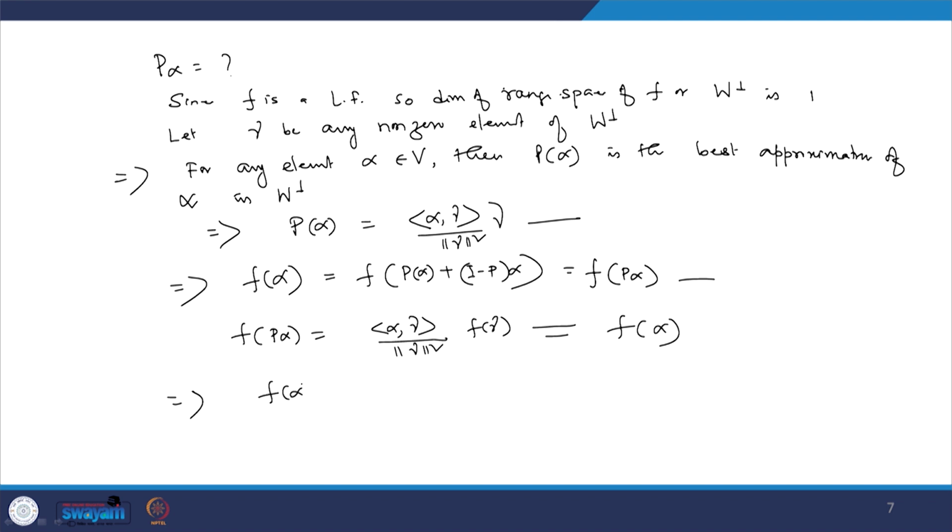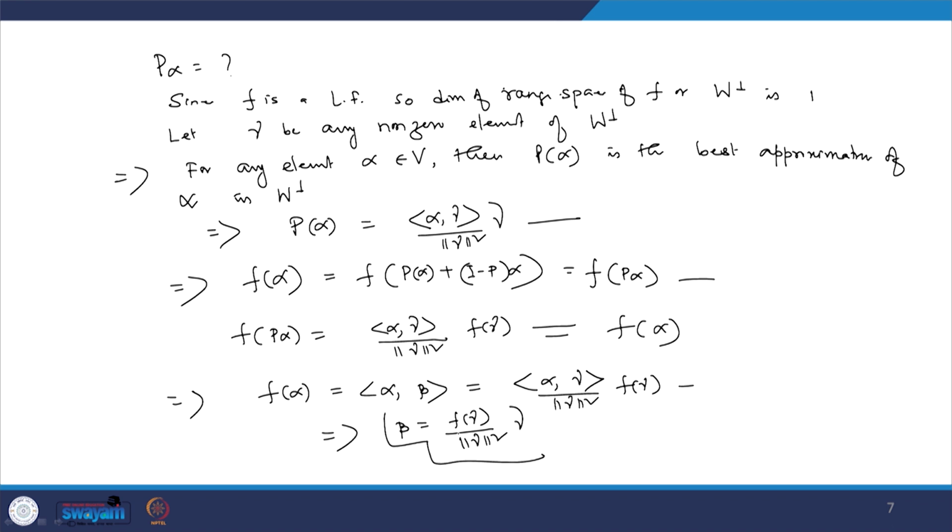So f of alpha, which is equal to the inner product of alpha and beta, is equal to the inner product of alpha and gamma divided by the norm squared, times f of gamma. So this implies I will have beta equal to f of gamma divided by the norm of gamma squared, times gamma. Okay, so this is basically the geometrical interpretation of this beta element.